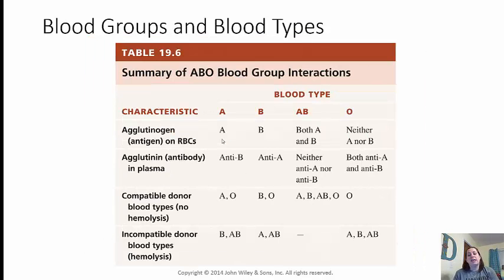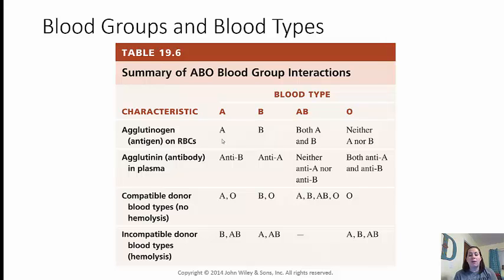Also, you'll see in your textbook on table 19.6, it gives you a summary about how ABO blood groups work. And so if you look here with the A blood, if somebody has A blood, they have the A antigen on their red blood cells, which means that they can contain the antibody against B. What kind of blood can somebody with A blood get? They can get either A blood from somebody else who has A, or they can get O blood.